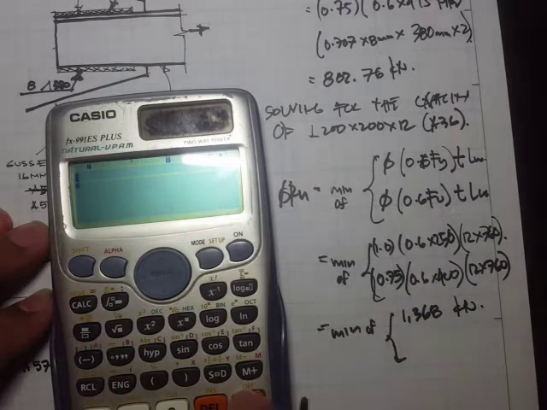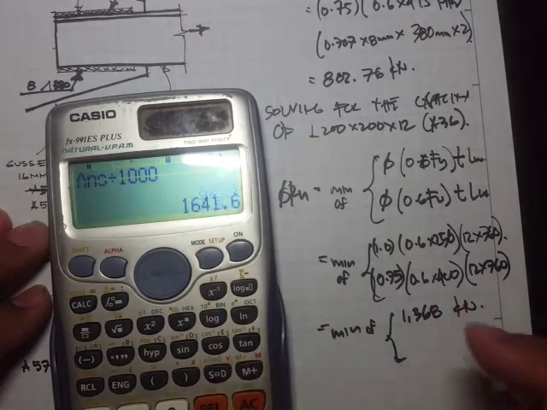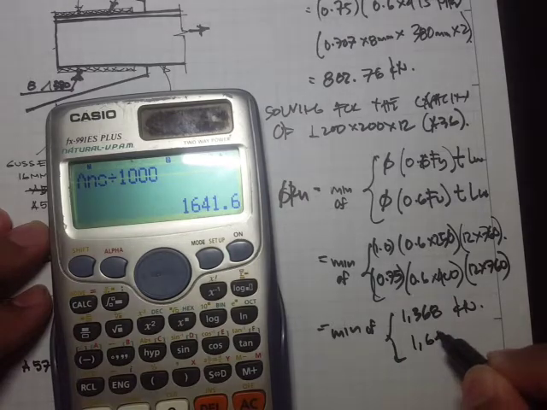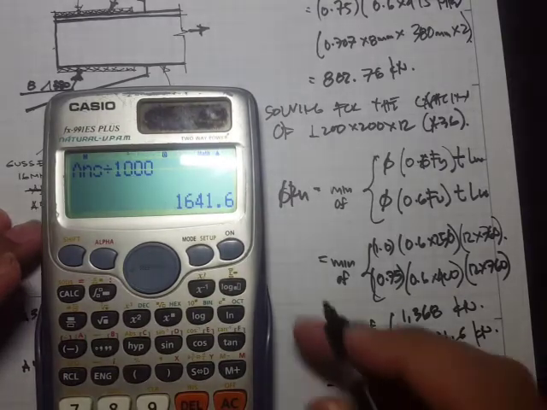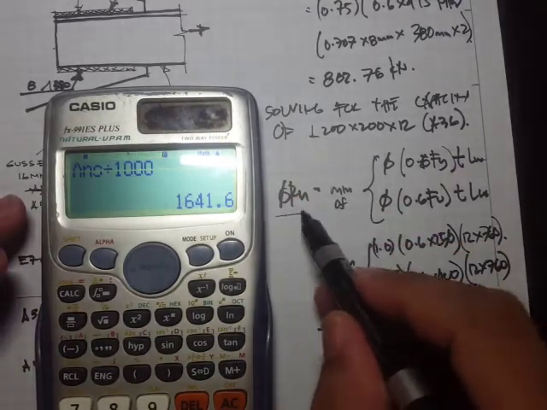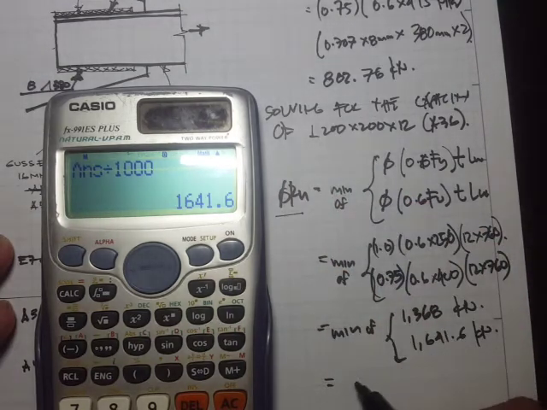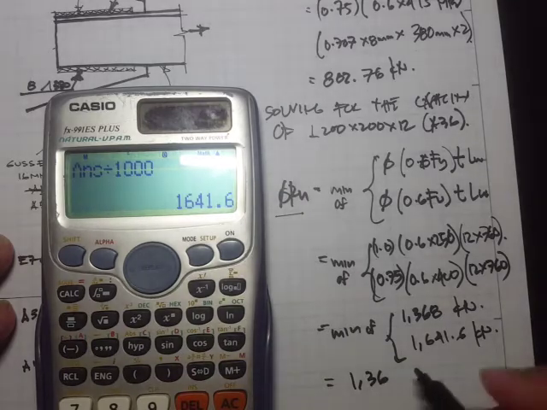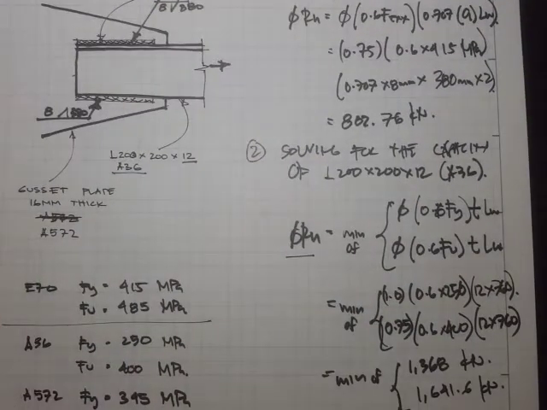And for the shear rupture, we have 0.75 times 0.6 times 400 times 12 times 760, which gives 1641.6 kilonewtons. Therefore, the capacity of the L 200 by 200 by 12 is going to be 1368 kilonewtons.